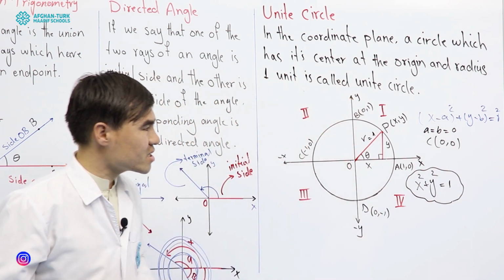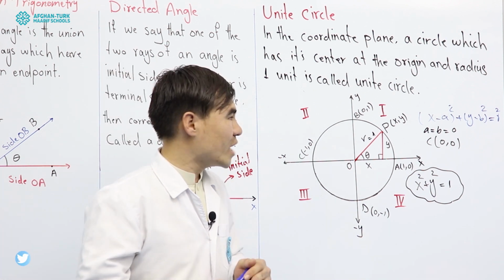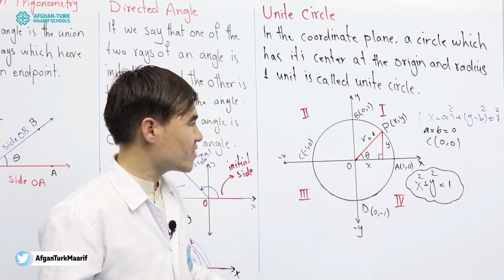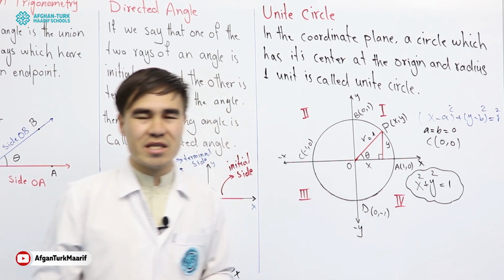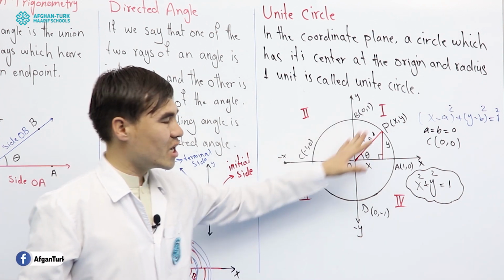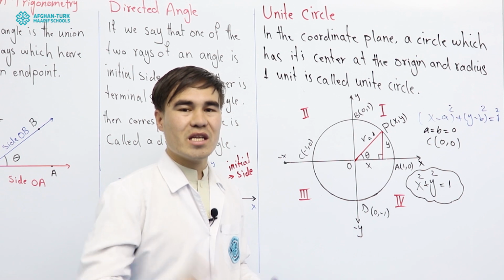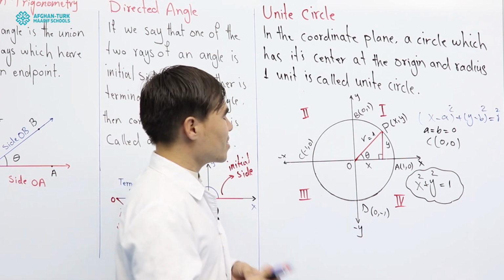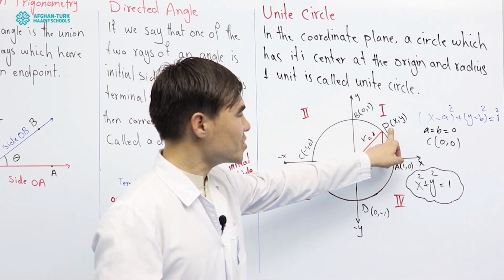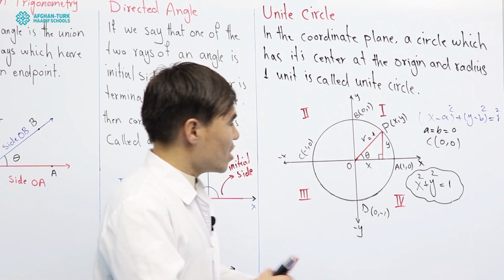Okay, dear students, in the coordinate plane, or the XY plane, we have 4 quadrants. This is very necessary, and we will have some practical examples. It helps us to recognize in which quadrant a point is located. Suppose this is a point (x, y).